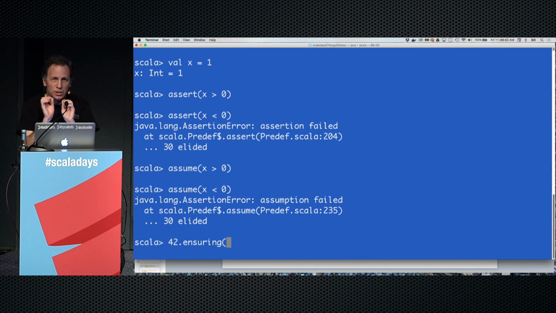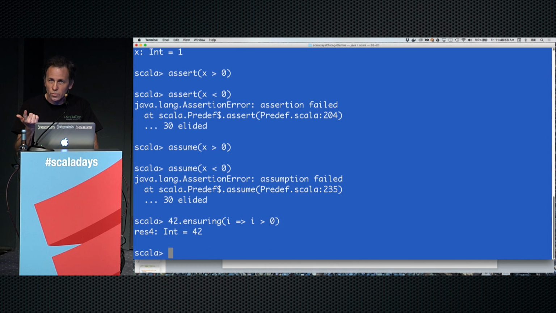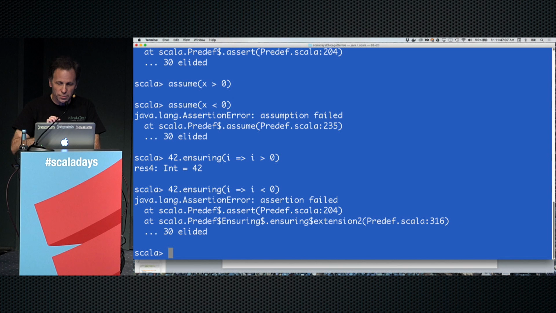And then what ensuring takes is an assertion function. It's going to be passed the value you called ensuring on. So this is going to pass 42 into the function. And then I can say i greater than 0, which is true. So when that assertion succeeds, it actually returns 42. It returns what you called ensuring on. If it fails, then it throws assertion error.